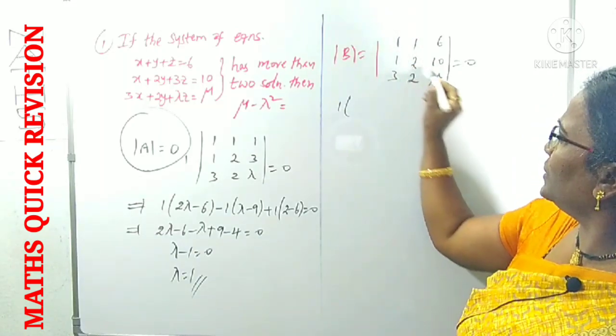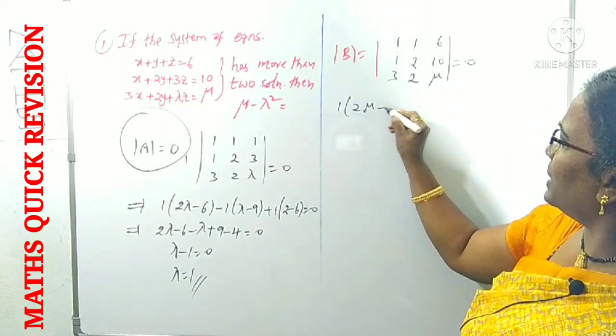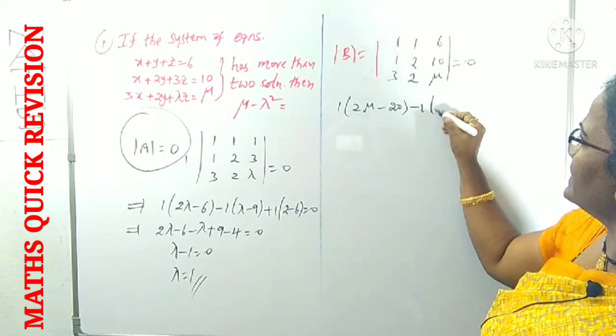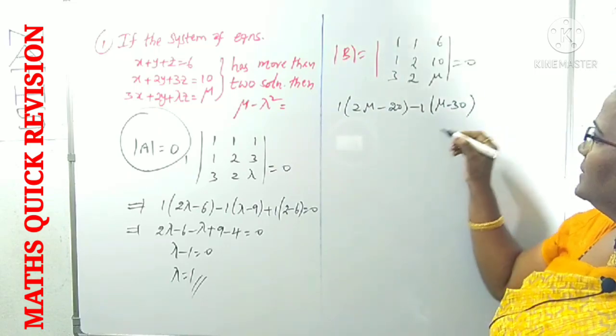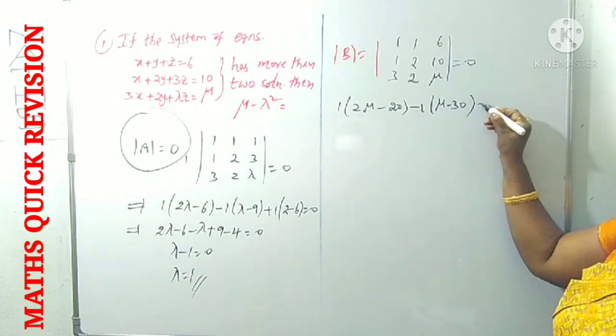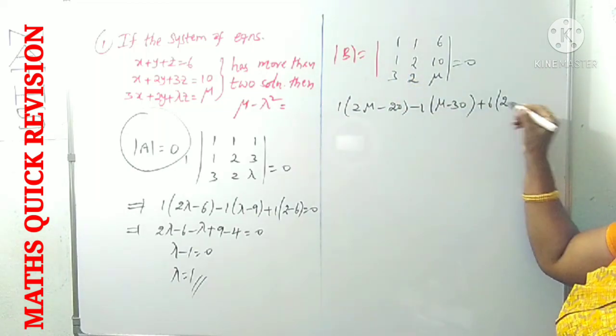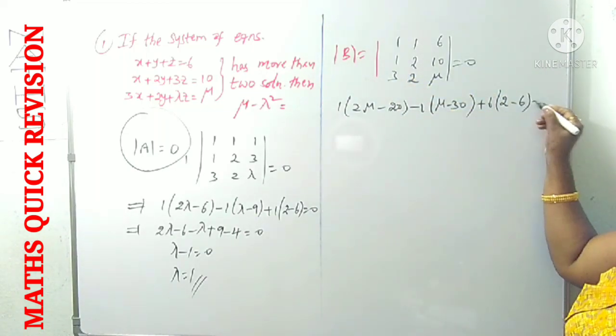1 into 2 into mu is 2 mu, with minus 20, with minus 1 of mu minus 30, right? Plus 6 of 1 into 2, 2 minus 2, 3, 6 equals 0.